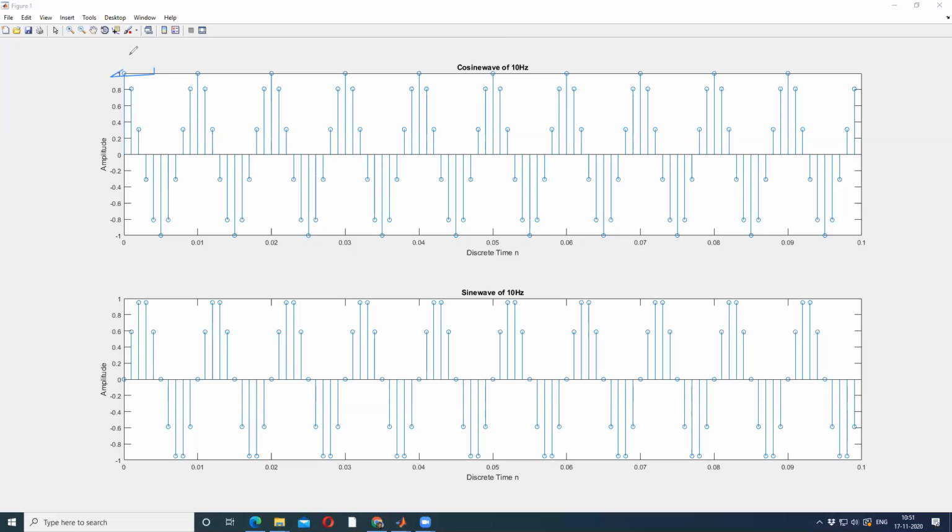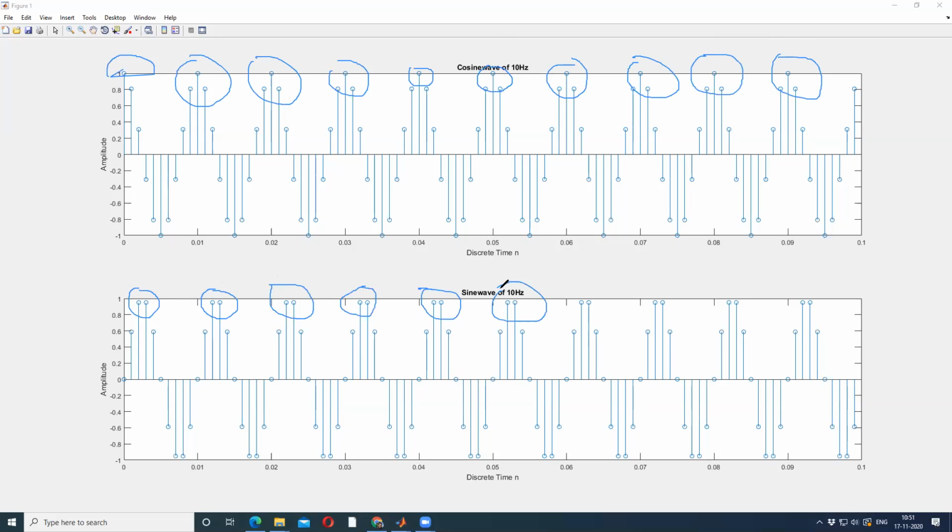We have one cycle here, 2, 3, 4, 5, 6, 7, 8, 9, 10. Similarly here, 1 to 10. So in both cases we are having 10 cycles.